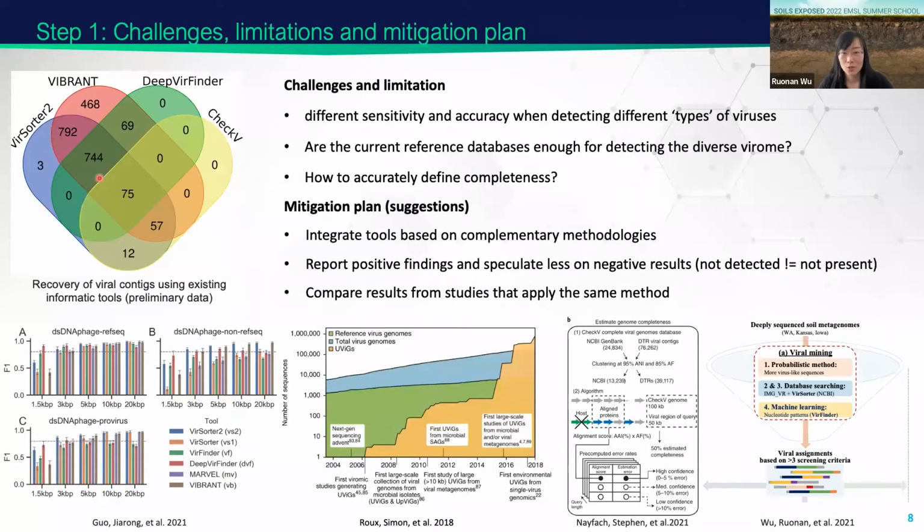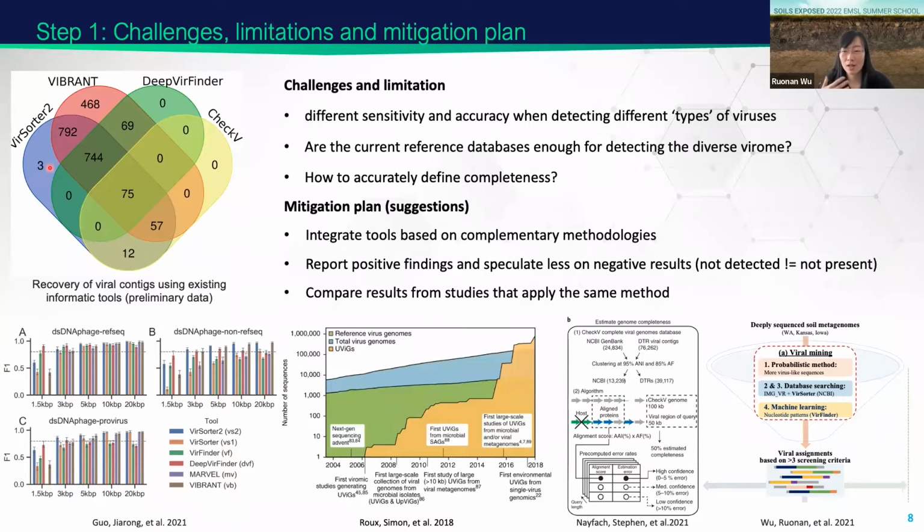Here is a Venn diagram showing the numbers of viral contigs identified by VirSorter 2, VIBRANT, and DeepVirFinder from the same metagenomes that I'm currently analyzing. It clearly shows that there is some consensus between the different tools, but there are also some sequences that were detected as viruses by only one tool.